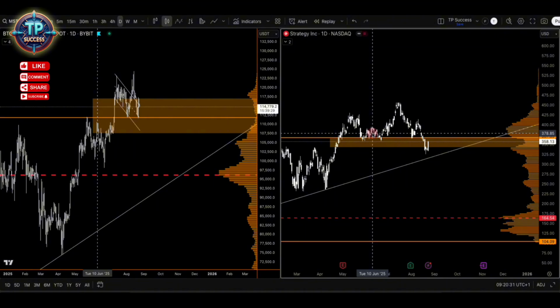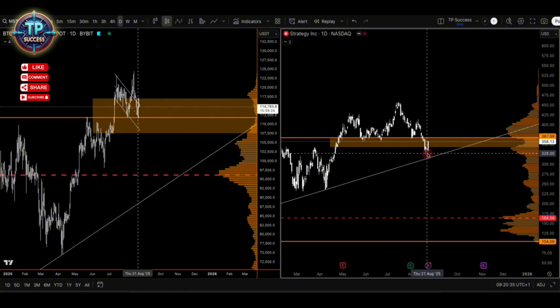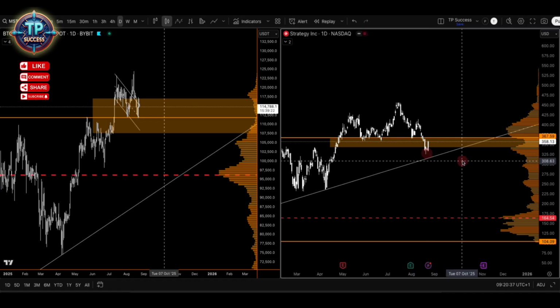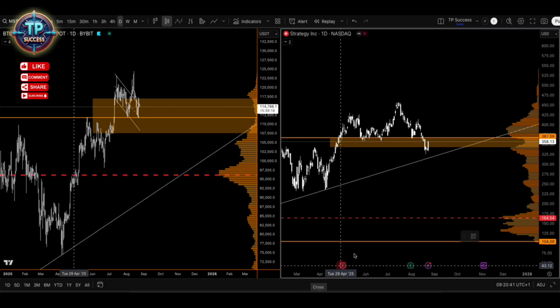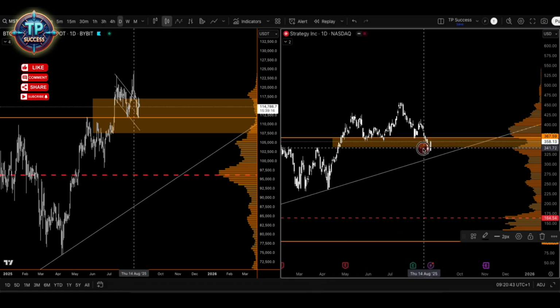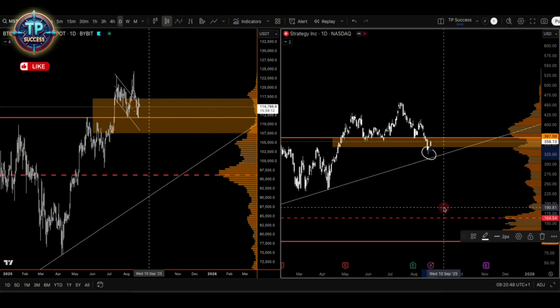However, we do have higher probability setups, and this here is one of them that did not work out, right? That one over here is one of those types of situations that did not work out. Why? Because it just didn't work out.